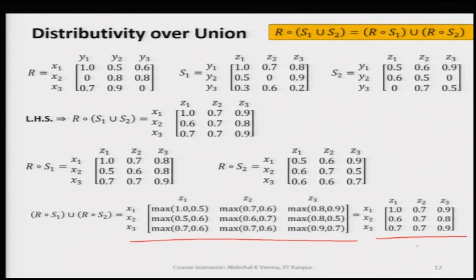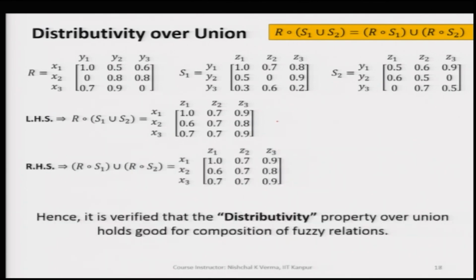This is nothing but the RHS part, the outcome of the union of R composition S1 and R composition S2. Then when we write the outcome of LHS and the outcome of RHS, we see that both of these fuzzy relation matrices, the outcome of the composition of R and S1 union S2 and the union of R composition S1 and R composition S2, are the same.